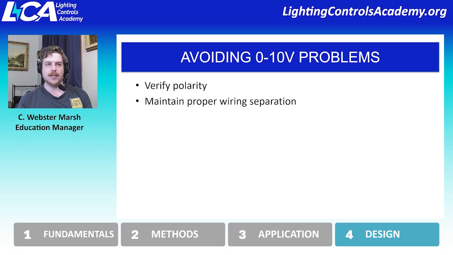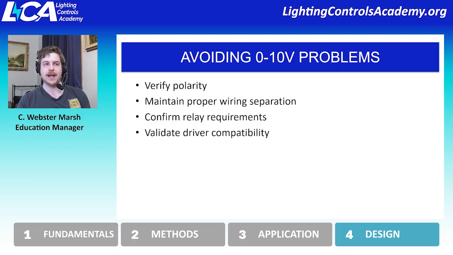We also want to maintain the proper wiring separation, so we don't necessarily want our 0 to 10 volt wires in with the giant conduit box with our line voltage power. Sometimes we can, depending on code, but we just want to make sure that we have that proper separation between the wires. We also want to confirm whether or not we need a relay to be able to turn the fixture off.